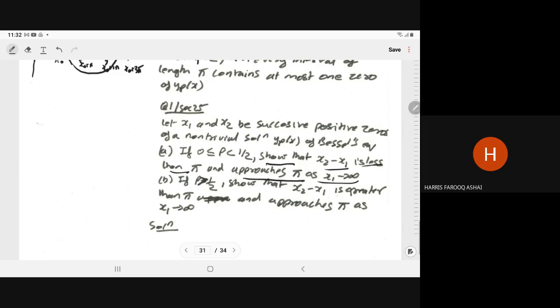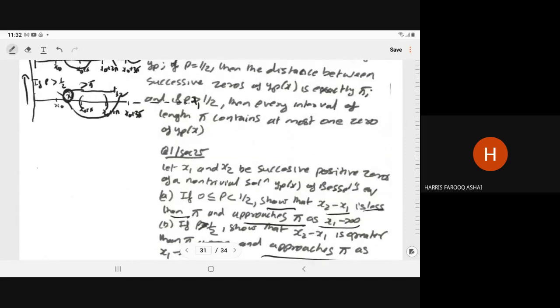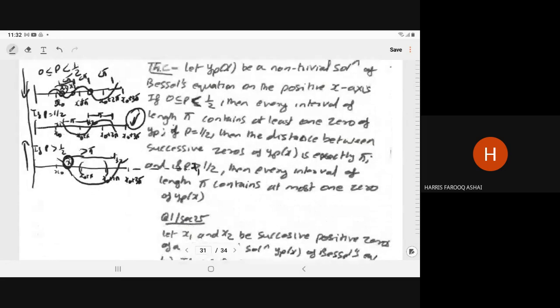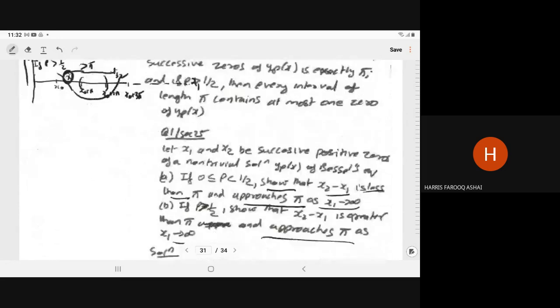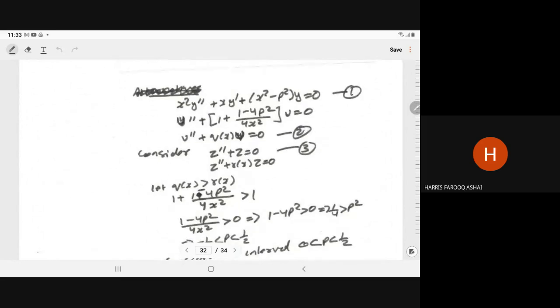Similarly, x2 minus x1 is greater than pi and approaches pi as x1 tends to infinity. To prove these two statements, we will use this theorem, theorem C. Clear?